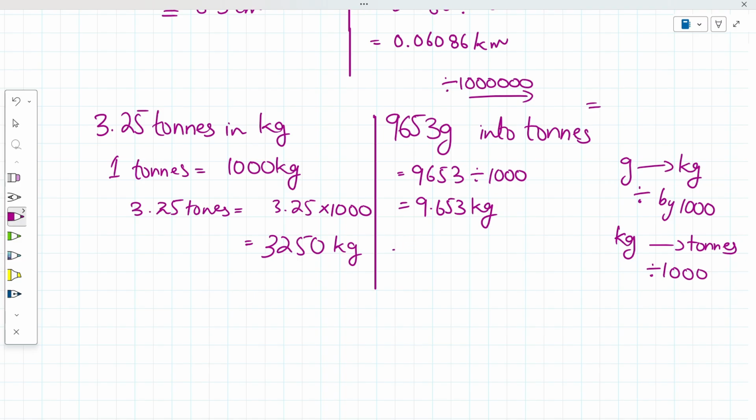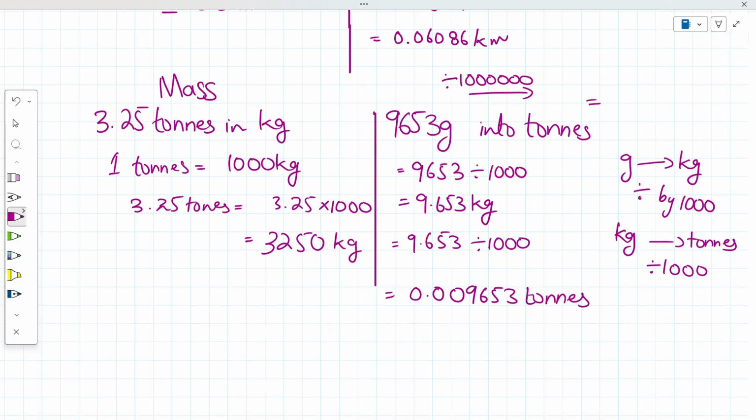But right now, 9.653 divided by 1000, so the value will be 0.009653 tons. Okay, so this is how you convert masses into the required unit.